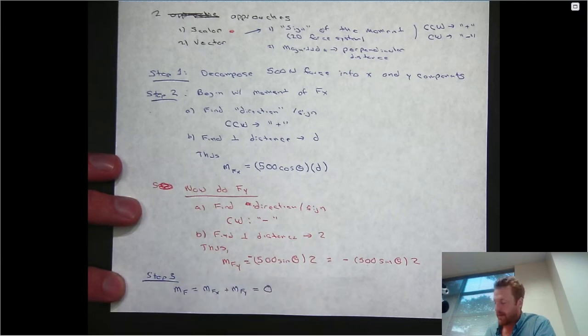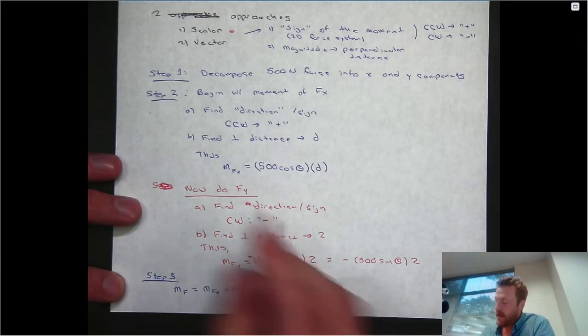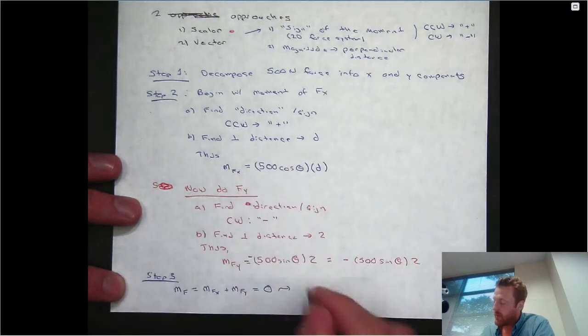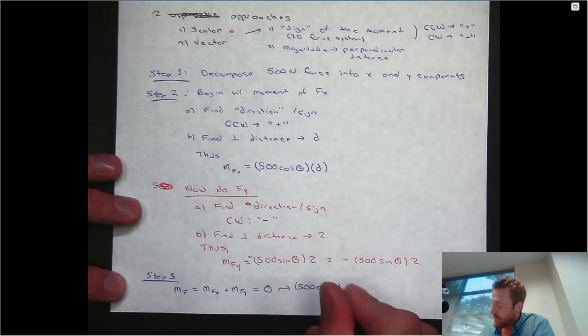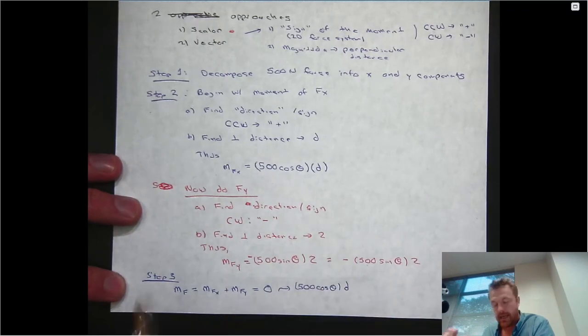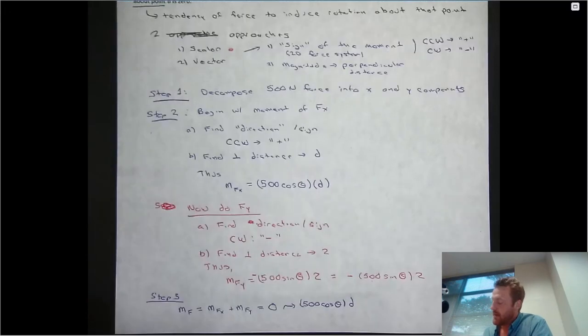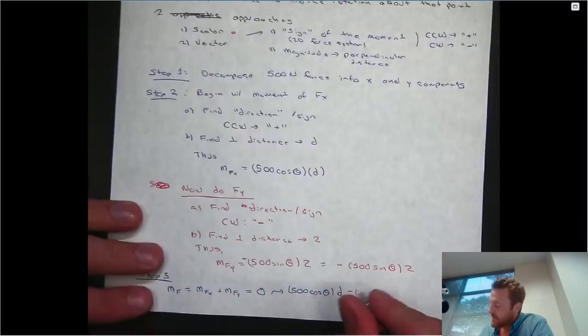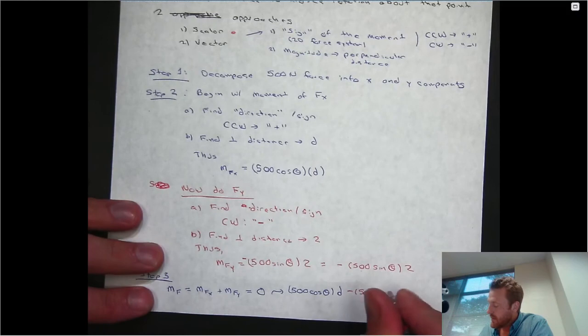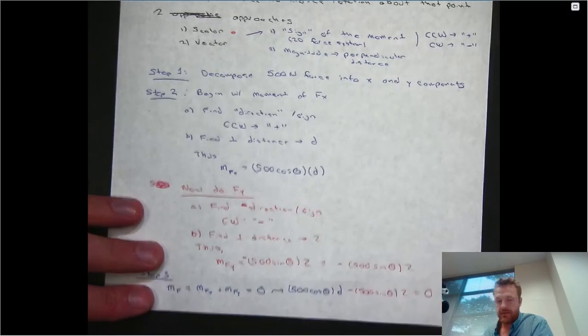That's what I'm actually interested in happening. So taking the expression for the x component that I have from part 1, 500 cos theta times d, and then adding on in a vector fashion the expression for the y component, which is going to be minus 500 sine theta times 2, I want that whole thing to equal 0.